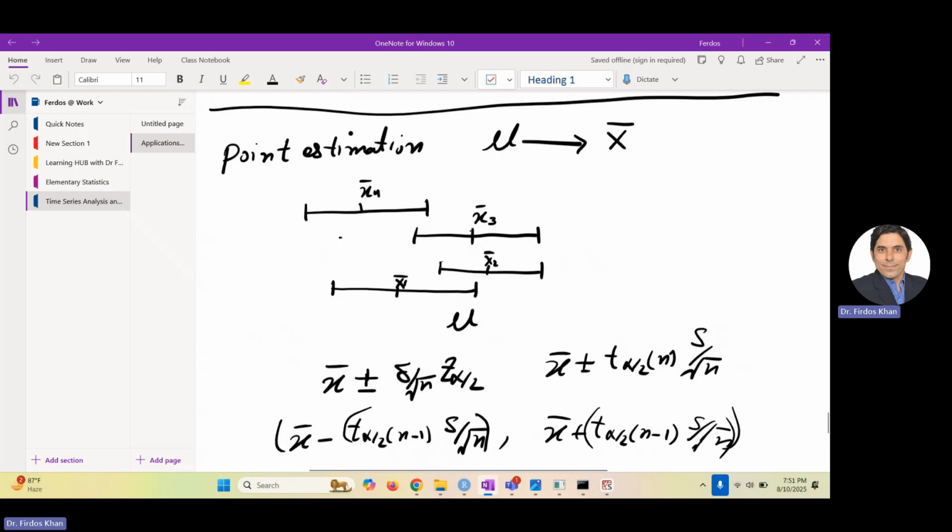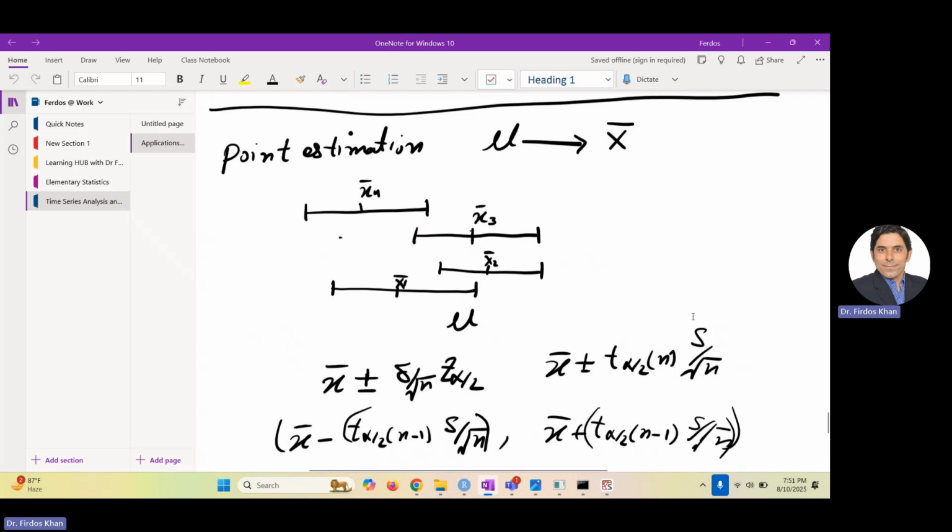Similarly for the third sample, but the fourth sample does not have the population mean mu; even the confidence interval does not cover it. So this is the concept of confidence interval.